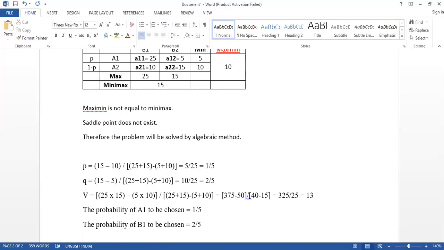And if all these happen, then the value of the game equals 13. So this is what we are supposed to answer, right?